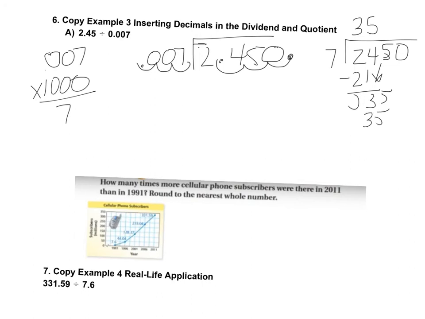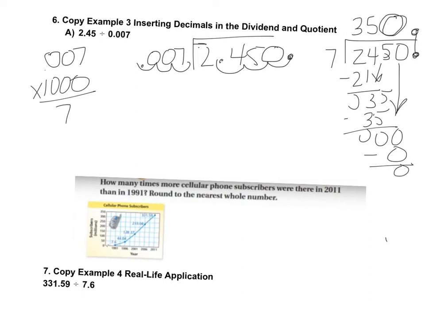That becomes 35. We subtract. 5 minus 5 is 0. 3 minus 3 is 0. Bring down our last number, which is 0. Remember our decimals right here, and it's going to lift right up there, right? 7 goes into 0 how many times? Oh, it's too small. 0 times. 0 minus 0 is 0. There we go.